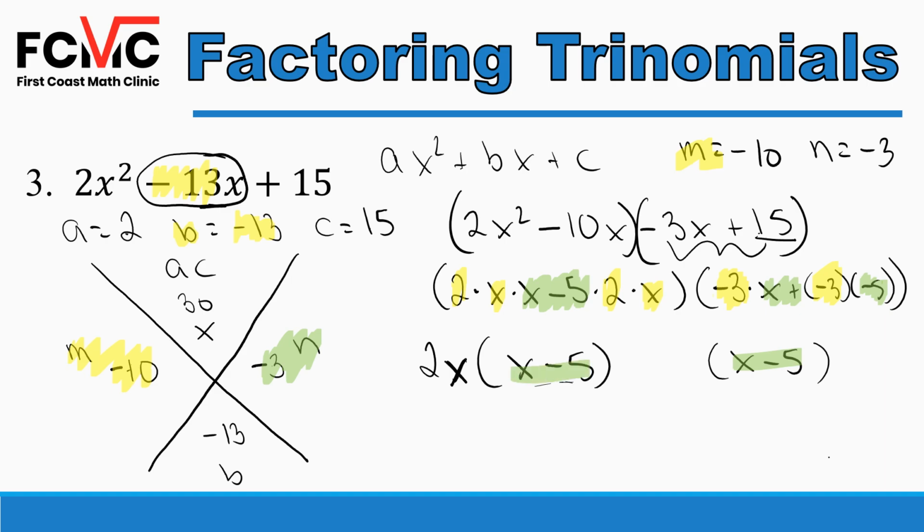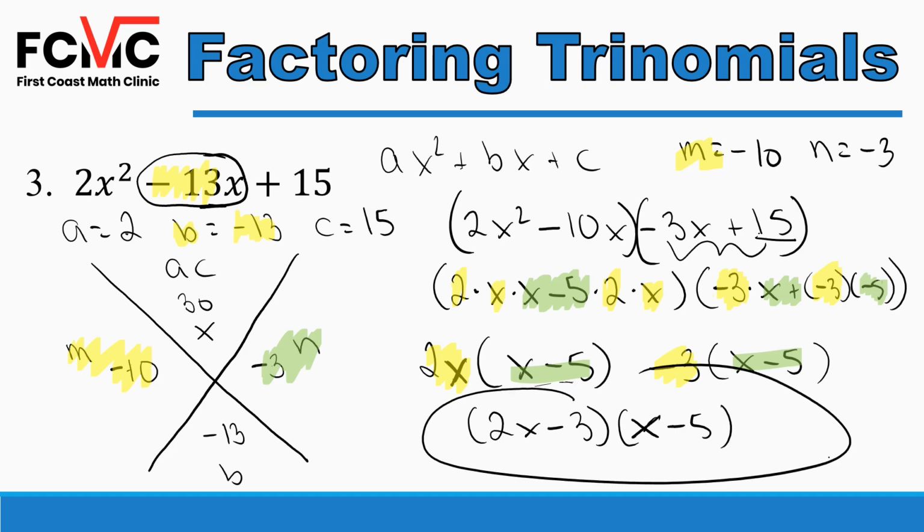So I've pulled out the minus 3, and then I'm going to group the terms outside the parentheses. That's going to be 2x minus 3, and then inside the parentheses, x minus 5, and that's our answer.